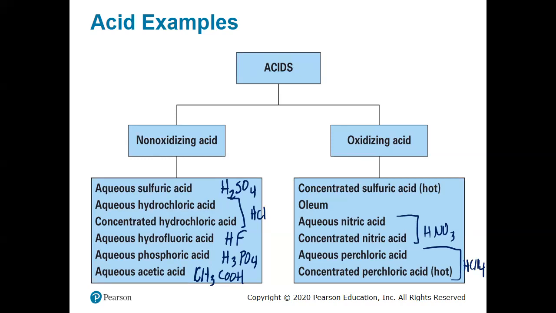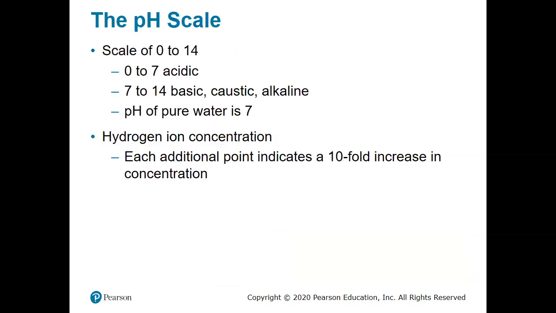So again, for the most part, most of the acids that we encounter are on that left-hand side. Nitric acid is probably the most common oxidizing acid that we use, but its use does kind of pale in comparison to hydrochloric, especially, and phosphoric in certain applications.